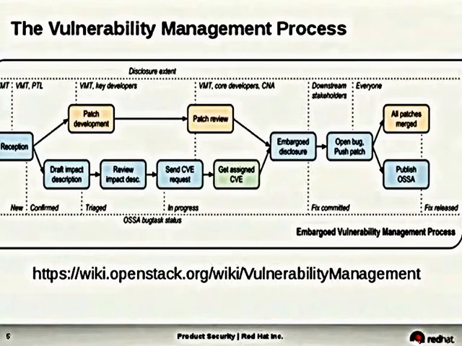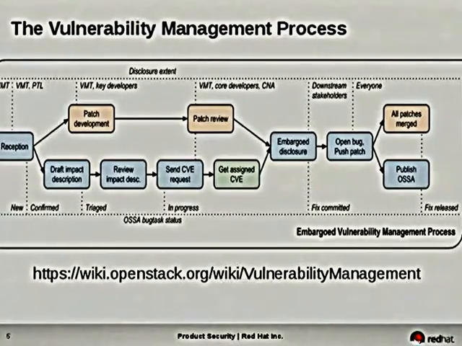From there, we generally try and triage the bug, try and figure out how severe it is, what projects it affects, what versions of OpenStack it affects, and if it requires some level of technical expertise, then that's when we engage the core security teams, for example, Nova and Keystone, or also on occasion engage with the OpenStack security group to try and figure out, is this issue something that's really an important security risk, or is it just a bug?